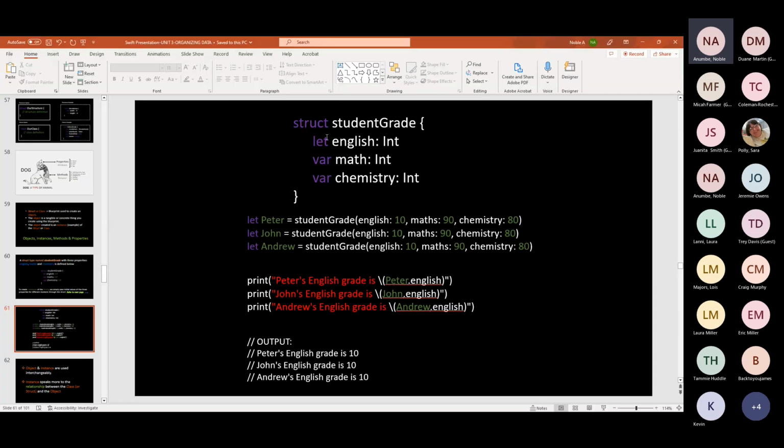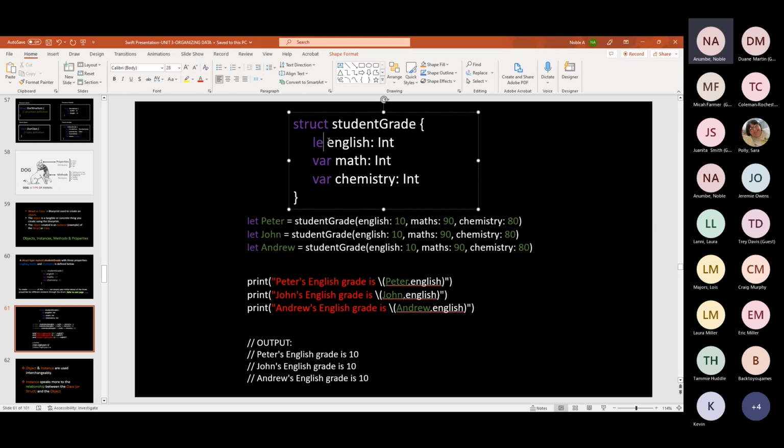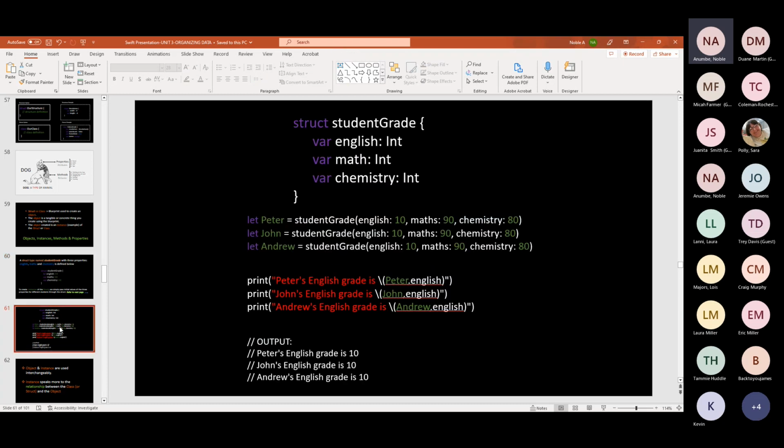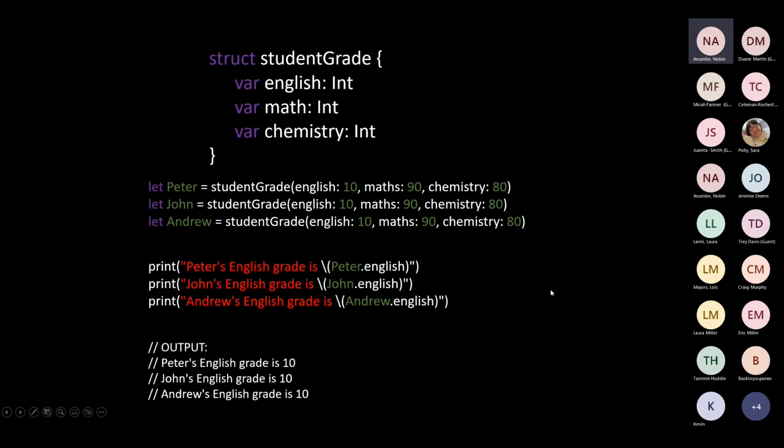Let me quickly make this var and val. Okay, I have that. But then I'm trying to create an instance of this. What do I say? Let Peter equal student grade.